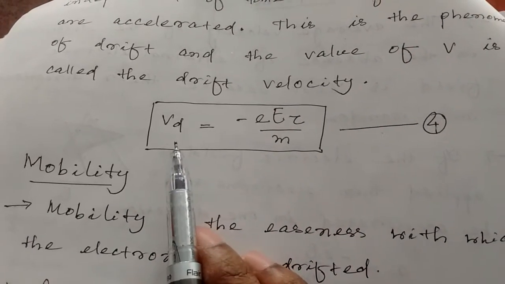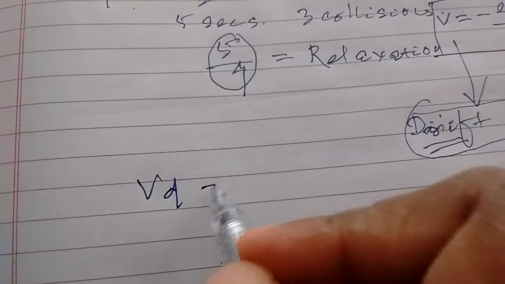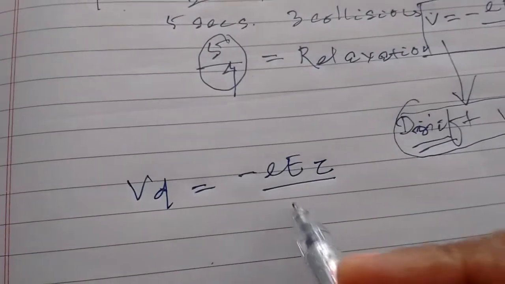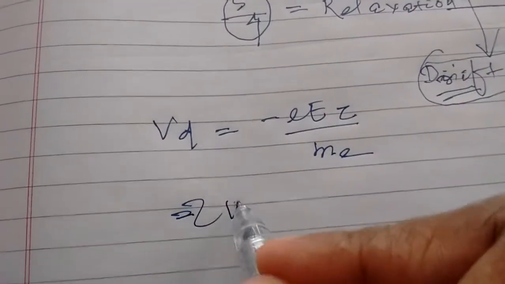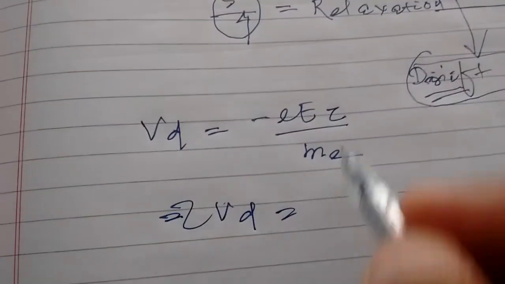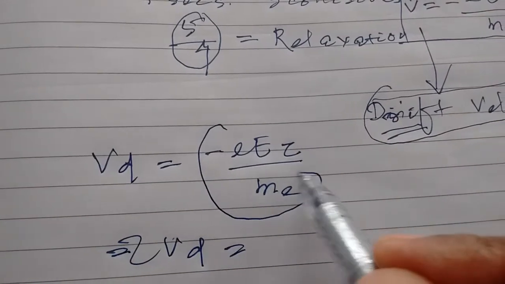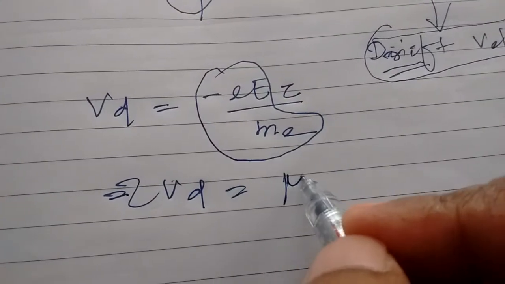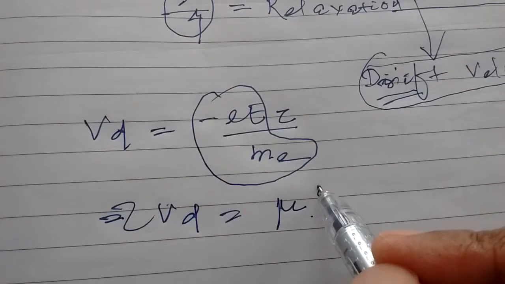From the expression itself, Vd is equal to minus E tau by Me. This implies Vd is equal to this factor. This is called mobility, mu.